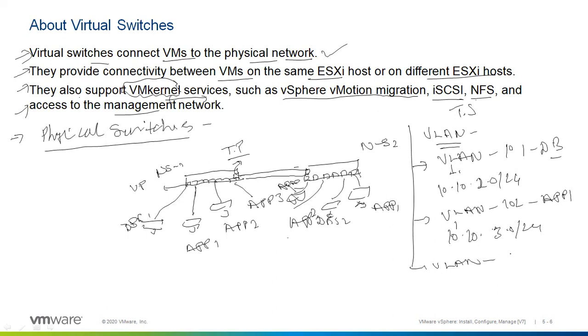There could be another VLAN, for example 103, for app2 servers, and I am using the IP subnet 4.0/24 to assign the IP addresses.